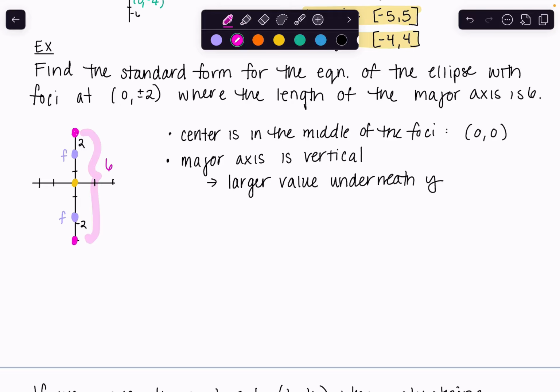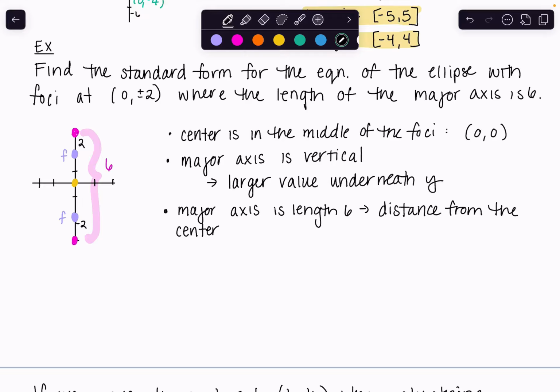Okay. So since the major axis is 6, the major axis is length 6. The distance from the center to the vertices is 3.